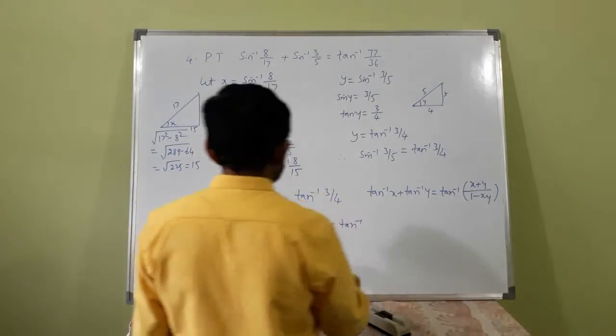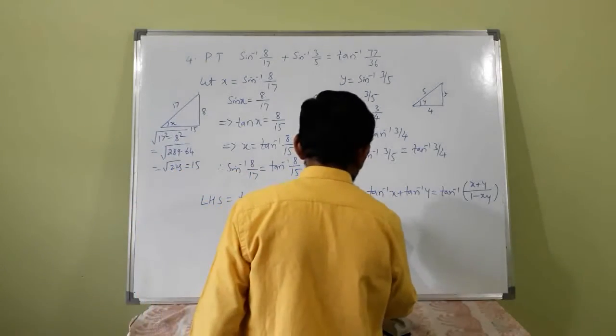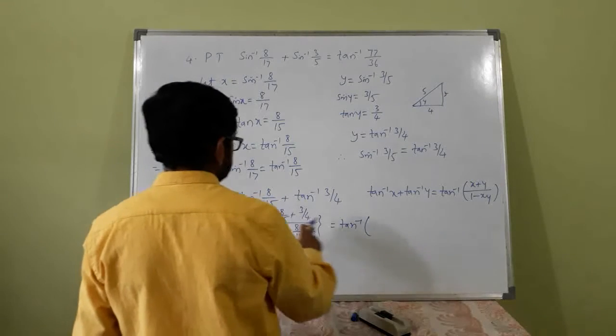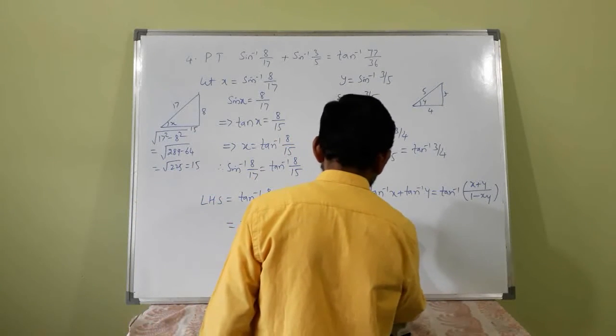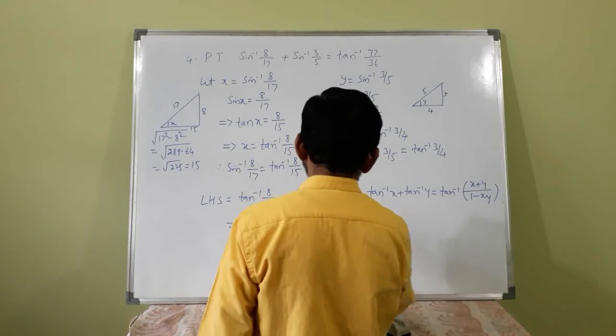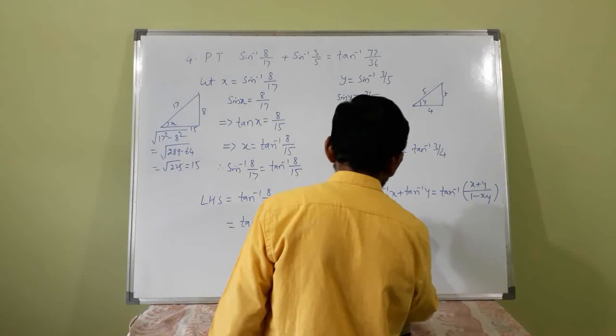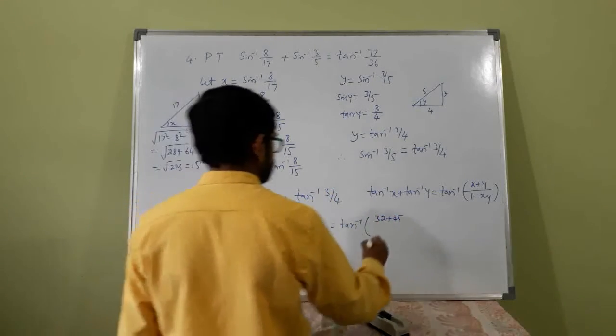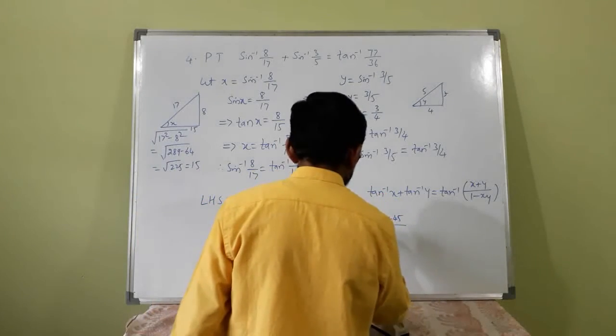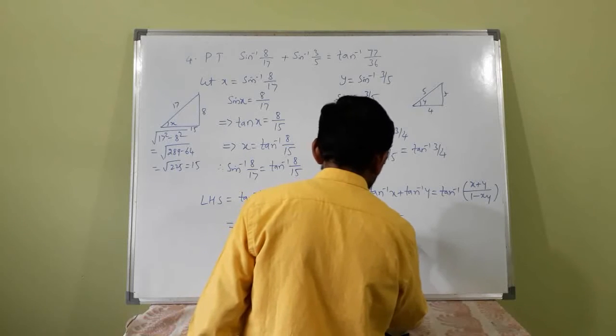If you take the LCM, this will be 15 into 4, so 32 plus 3 into 15, 45, divided by 60, here also 60, minus 24.